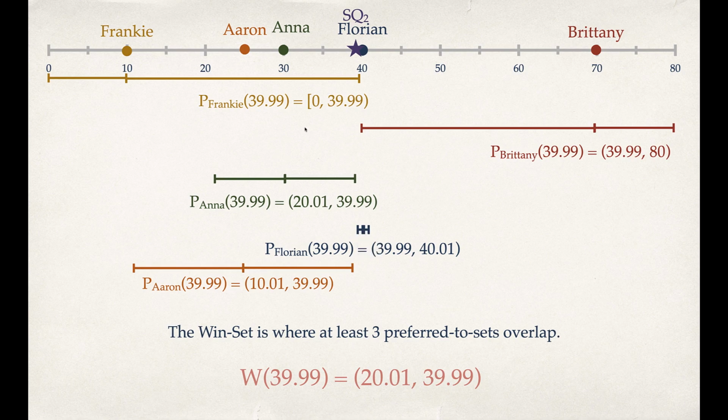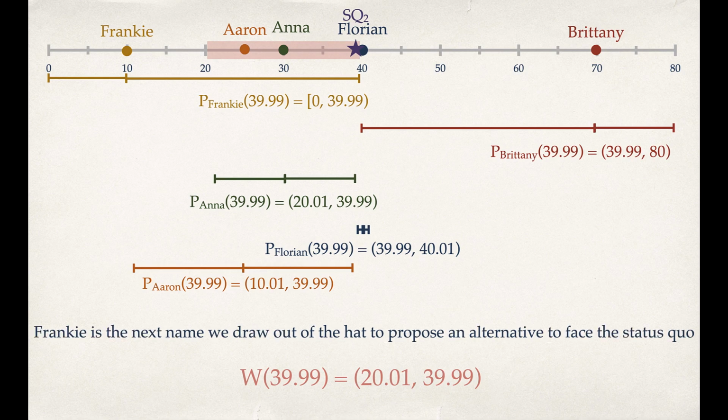So over here, it looks like we have a set of alternatives that at least 3 prefer, going from 39.99 all the way to 20.1, and it's Anna's preferred-to set in this situation. So the majority rule win set of the status quo 2 is everything from 20.01 to 39.99, not including those 2 boundaries.